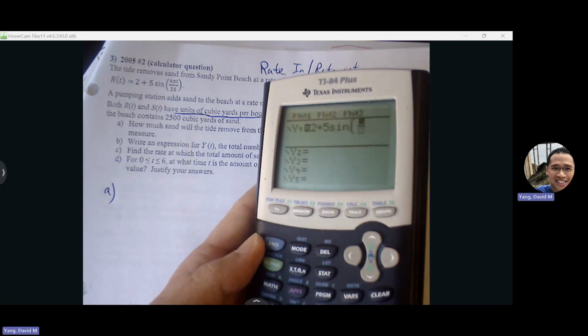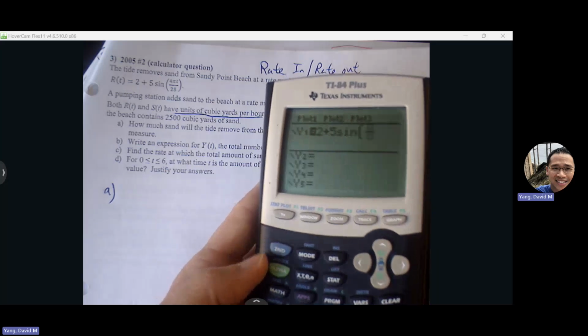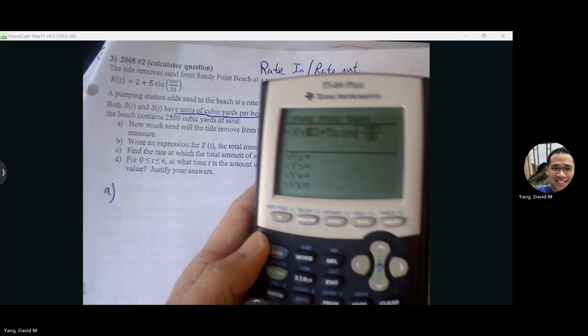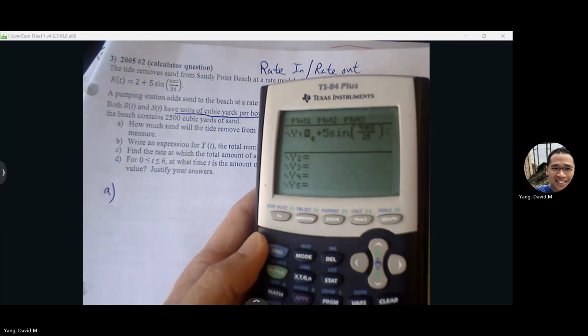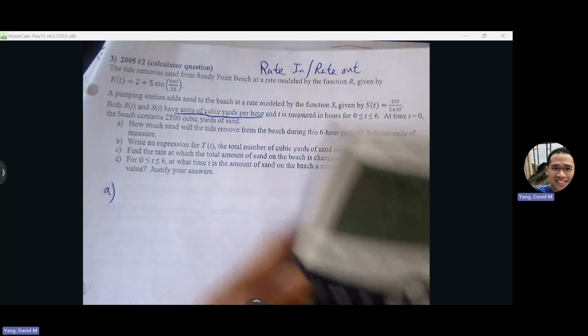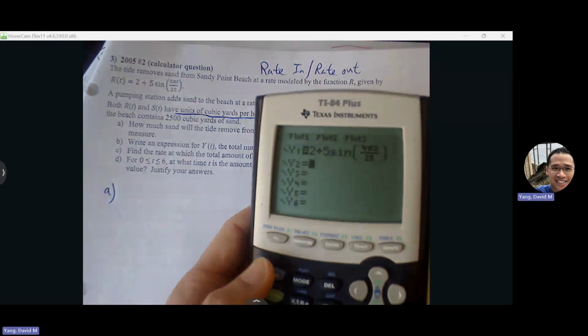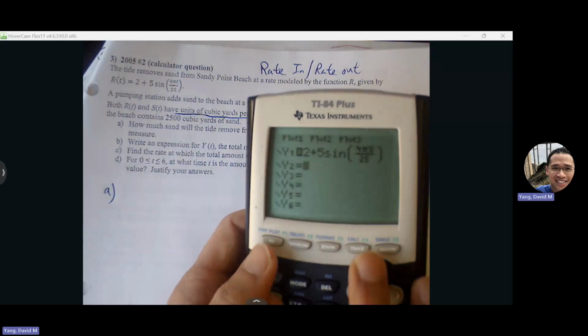And even though t is showing on your paper, you're going to use x in your calculator. And I'm just going to go ahead and type in S of t under y2. I'm not going to need that later.